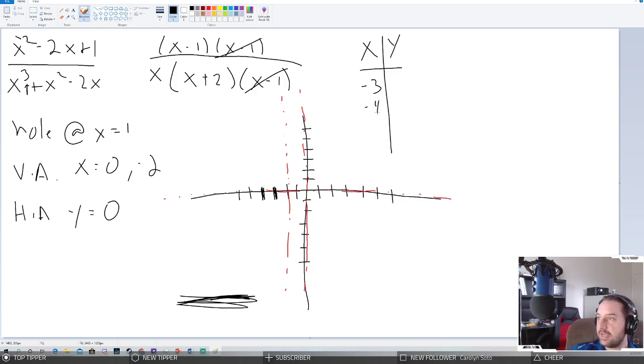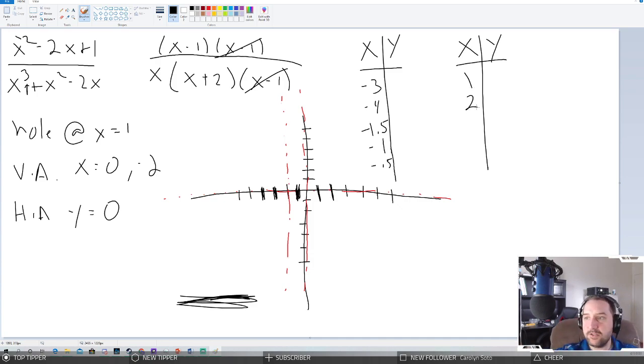In between, I have negative 1, but I don't think negative 1 is going to be enough information. So maybe I should also do negative 1.5, negative 1, and negative 0.5. And then some values on this side of the asymptote would be like 1 and 2.